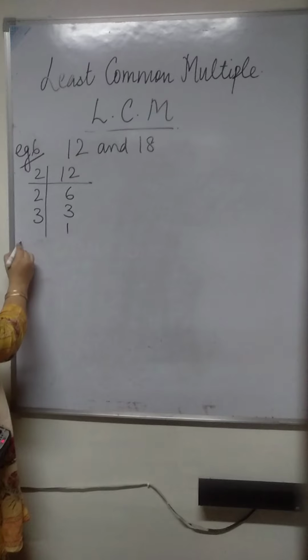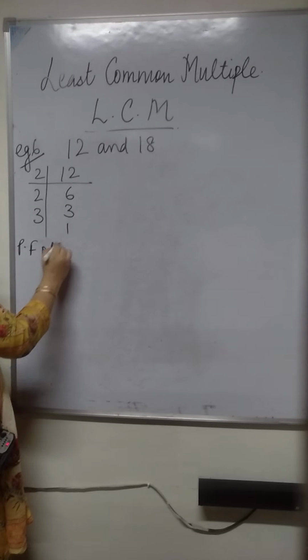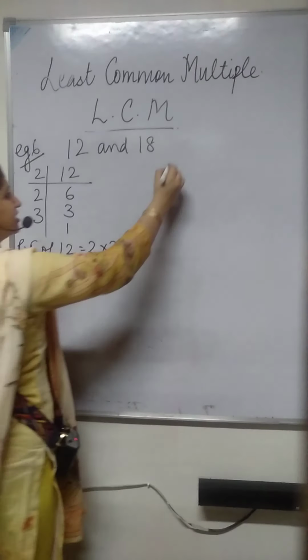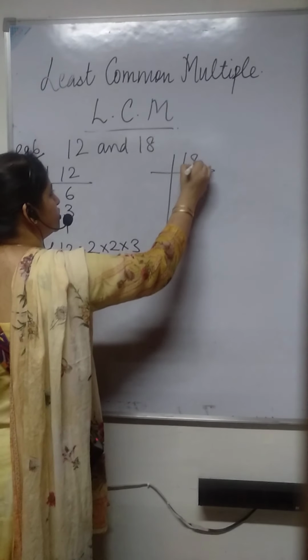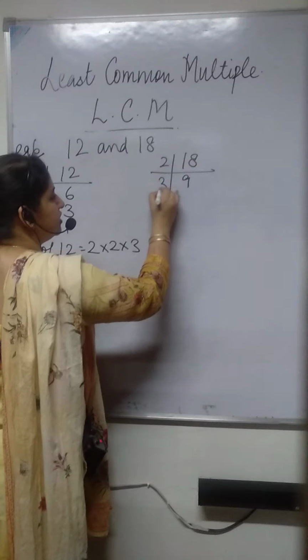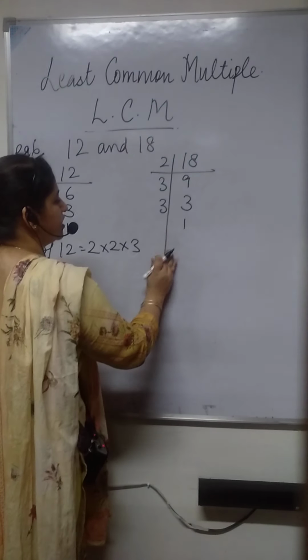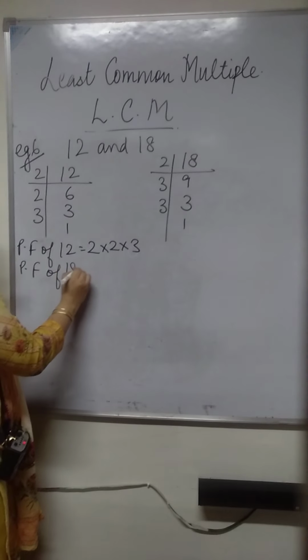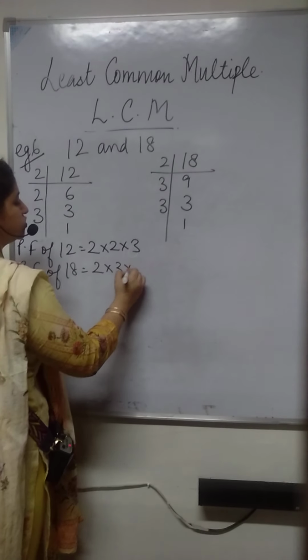So the prime factorization of 12 is 2 into 2 into 3, and that of 18, let us check. 2 9s are, 3 3s are and 3 1s are. And the prime factorization of 18 is coming out to be 2 into 3 into 3.